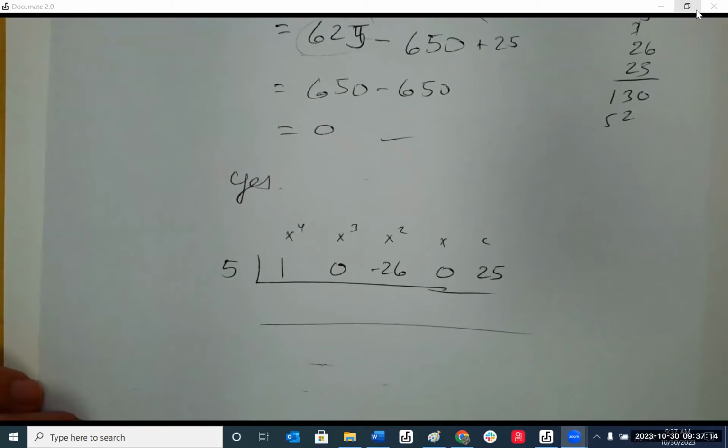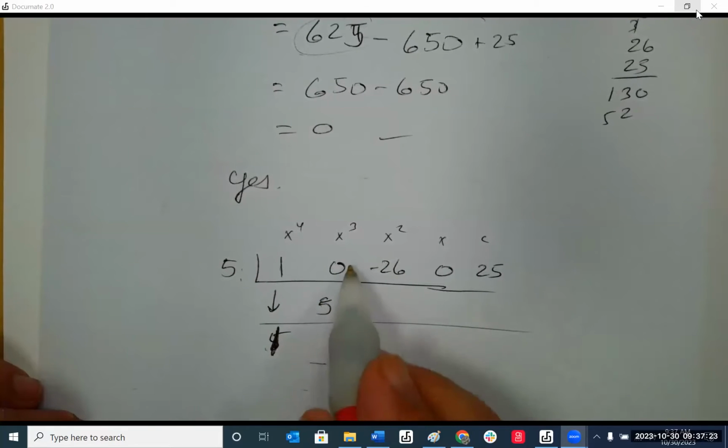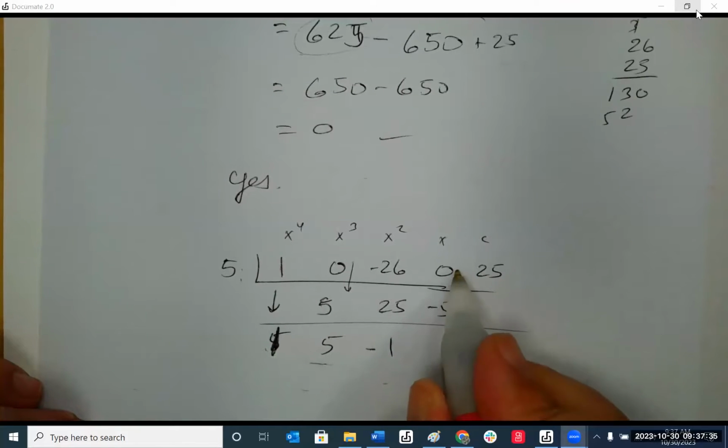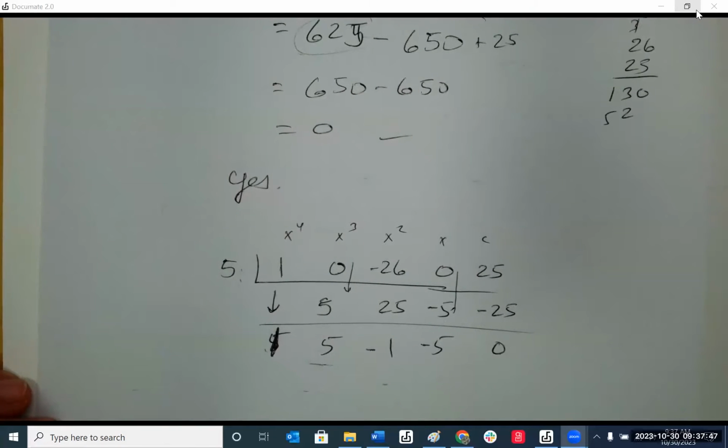If it asks you if a number is a zero, then you just use synthetic division. 5 times 5, this is 1. So 5 times 1 is 5. 5 plus 0 is 5. 5 times 5 is 25. Minus 26 is -1. 5 times -1 is -5. Add it. 5 times -5 is -25. That way is a lot easier than the other way.